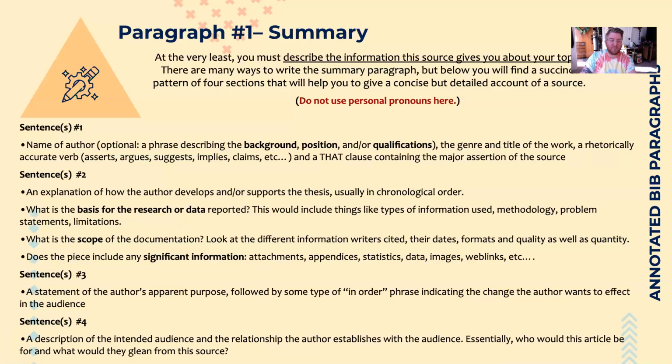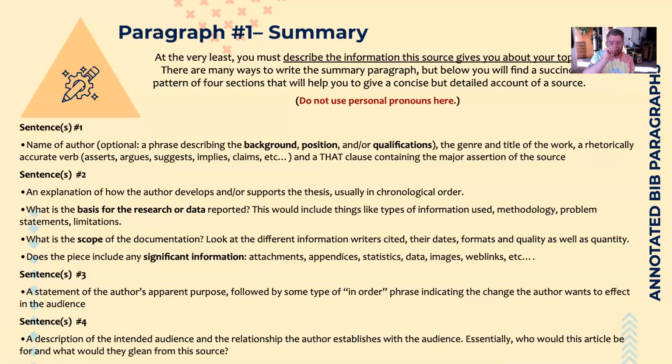Say you found some incredible piece on fracking in the South China Sea, and you discover that the author works for Shell Petroleum Company or British Petroleum Company. Obviously the purpose of that source is going to be different than for somebody who works for an environmental agency. So look at things like that.